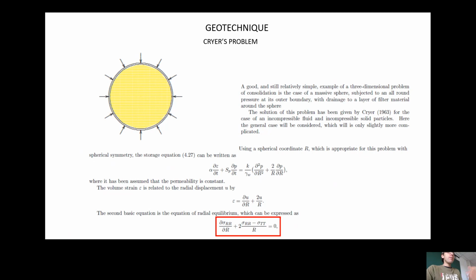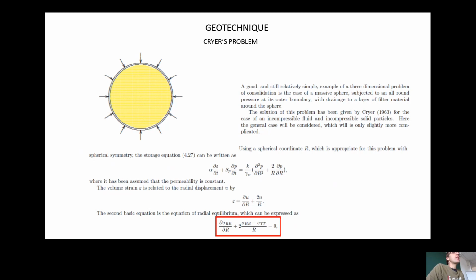The solution of the problem was given for the first time by Cryer in 1963 for the case of an incompressible fluid and incompressible soil particles. Here the general case will be considered, which is only slightly more complicated.